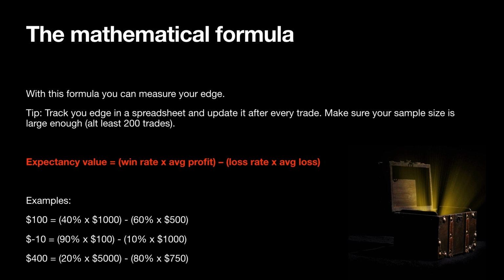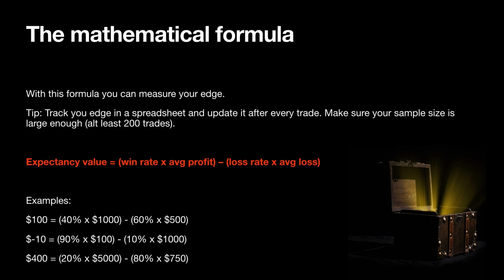You can apply this formula to a lot of different situations, like gambling, like the stock market, like whatever. I will give you an example on the next slide. And if you look at the examples here below, you can see that trading systems with a very, very high hit rate, the second example, with a 90% win rate and an average profit of $100, could be a losing strategy.